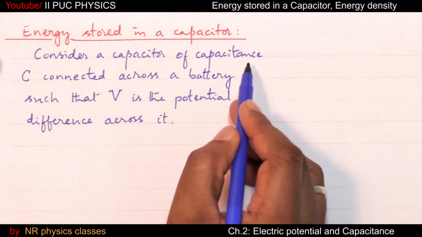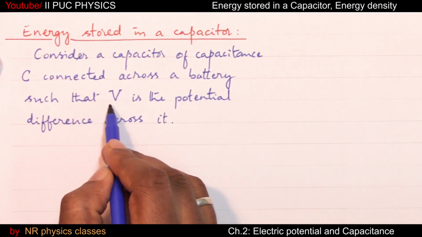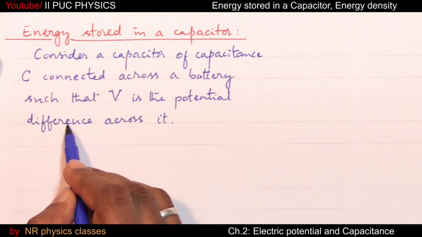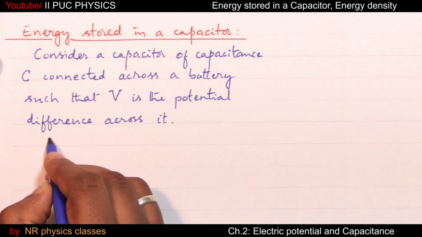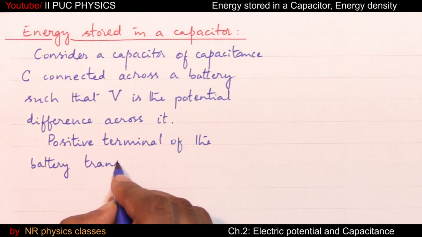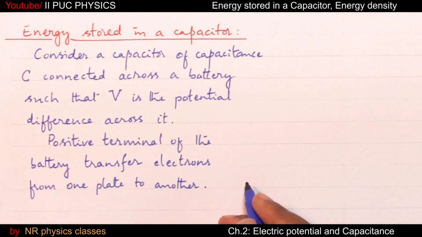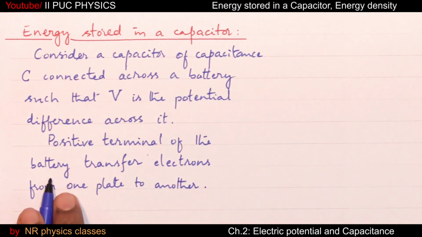Consider a capacitor of capacitance C connected across a battery such that V is the potential difference across it. The positive terminal of the battery transfers electrons from one plate to the other.